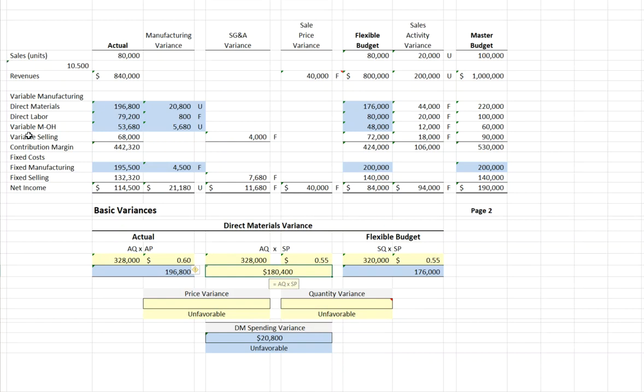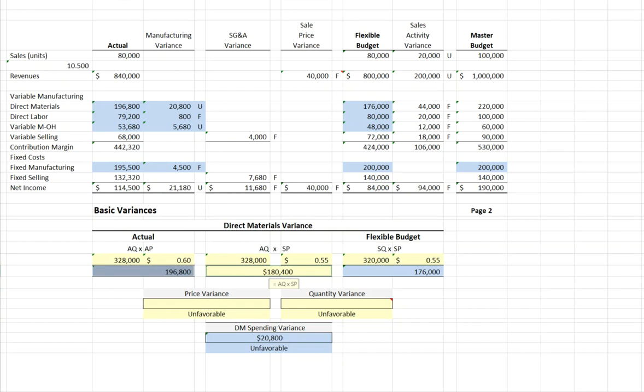We can see right away that we have an unfavorable price variance because we paid 60 cents a pound and we should have paid or budgeted 55 cents per pound. We have an unfavorable quantity variance because we should have used 320,000 pounds to make our 80,000 units, and we actually used 328,000 pounds.